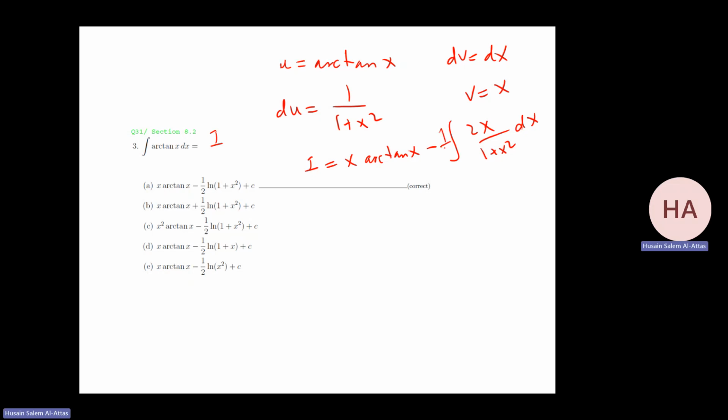This is half. So I have x arctan of x minus half. This is u du, so it will be ln of 1 plus x squared plus c, which is this one.